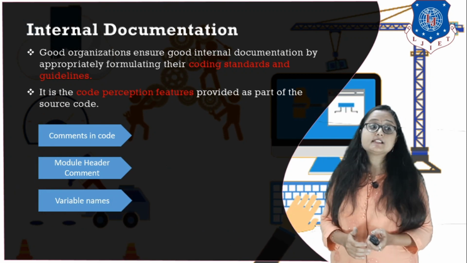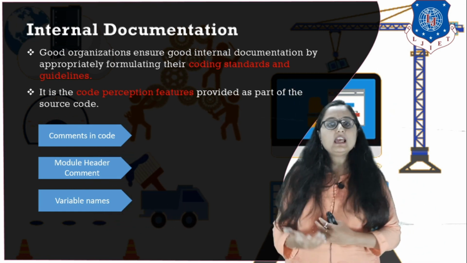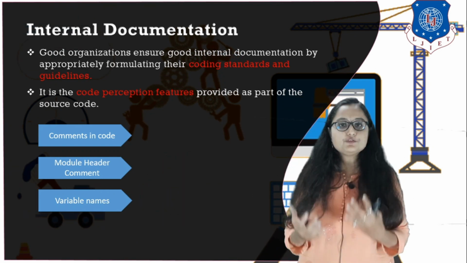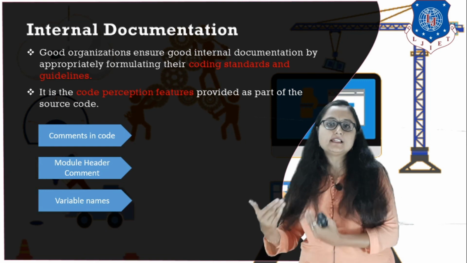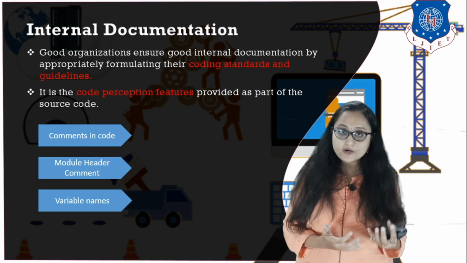The next is variable names. This also we have already discussed, that we have to give meaningful variable names inside our code. If you give variable names like A, B, C, D, is this a good strategy or a good coding standard?